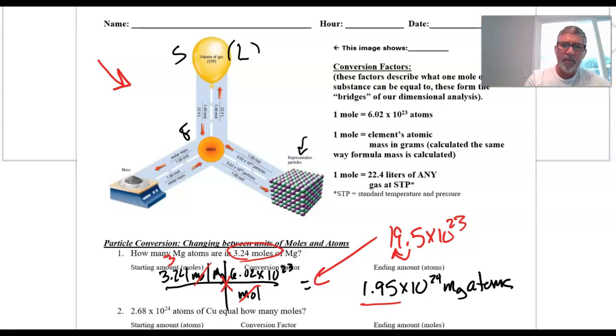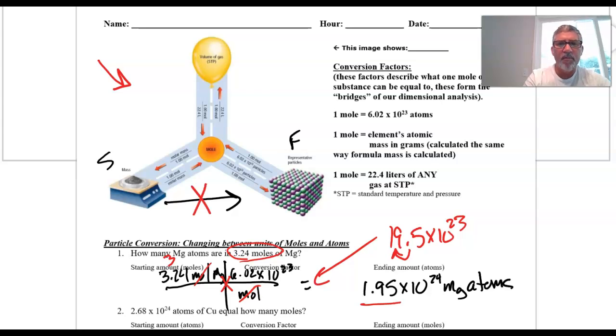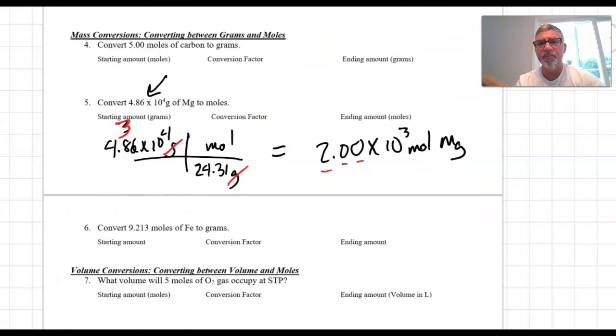So let me erase some stuff here. My start is grams, and I want particles. I don't have a line that goes from there to there. So I have to do two equations. I have to go from here to moles, and then I've got to go moles down to there. So I need two equations for this.